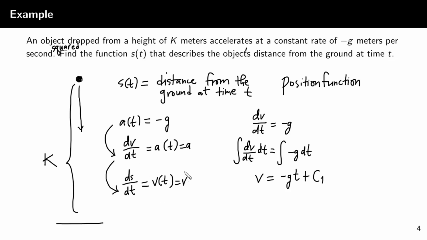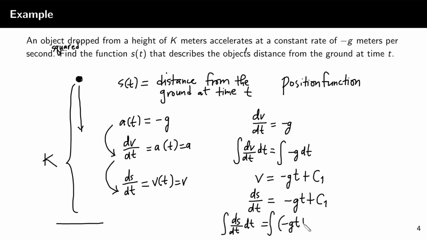itong pangalawang equation natin. Next, I'm going to write v as the derivative of the position function. So v is equal to ds/dt, and that's equal to negative gt plus c sub 1, and then I will integrate both sides. So the integral of ds/dt with respect to t is equal to the integral of negative gt plus c sub 1 dt.